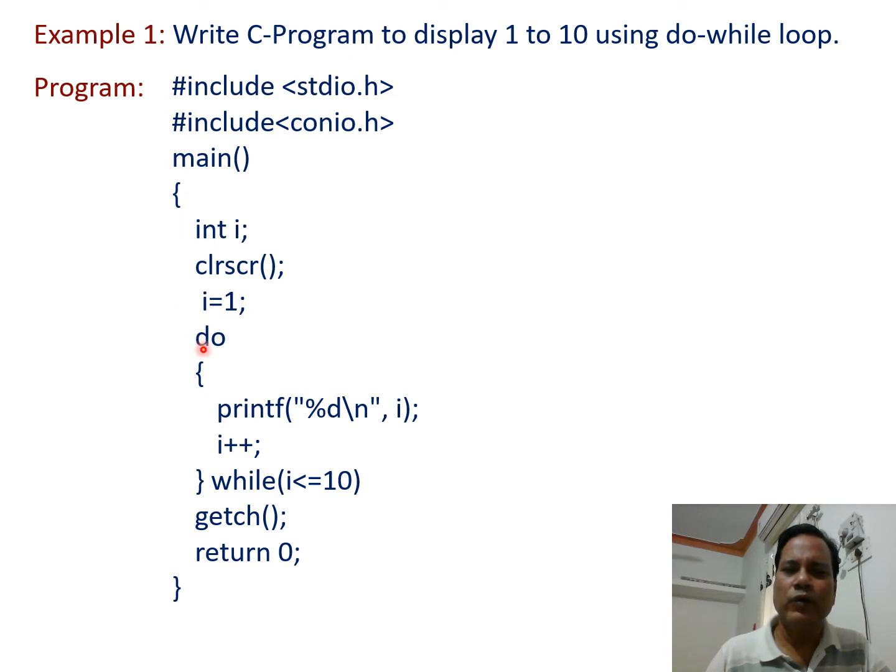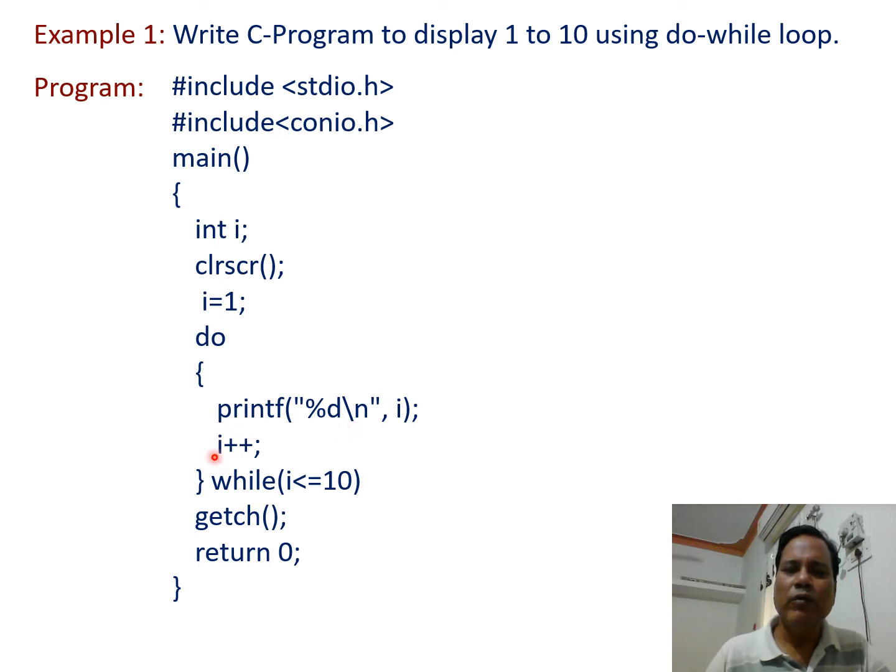Then do, within the open and close braces, that is the body of the do while loop. The printf statement prints the value of i at the place of the format specifier %d. After printing the value of i, that is 1, \n brings the cursor to the beginning of the next row.